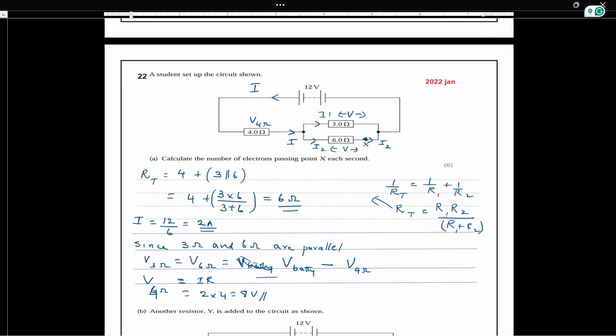Therefore, voltage across the 6 ohm resistor will be 12 minus 8, which is 4 volt. So we reach till here. The voltage across this resistor will be 4 volt.